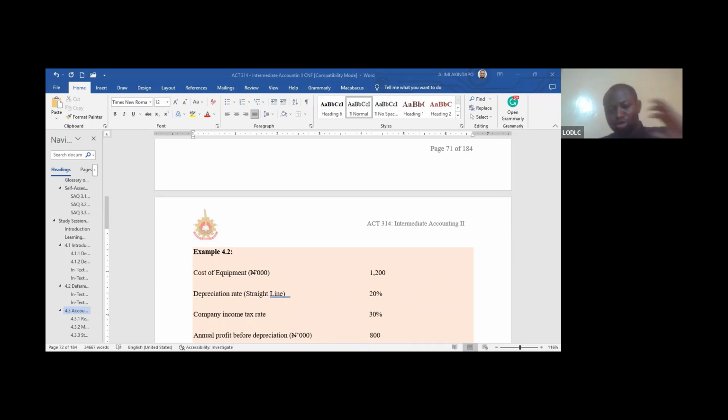So this company chooses to use a certain depreciation method. In this case, we can say an accelerated method that allows higher deductions earlier in ownership of the asset and lower deductions further on.